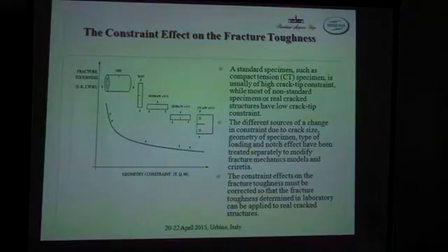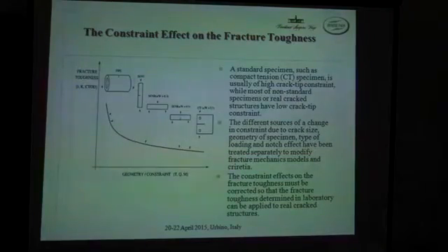So maybe I would like to start from a well-known figure which reflects the dependence of fracture toughness on specimen configuration, crack aspect ratio, type of loading, and so on.